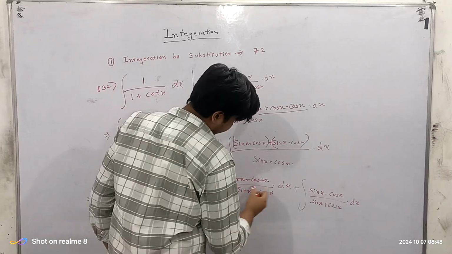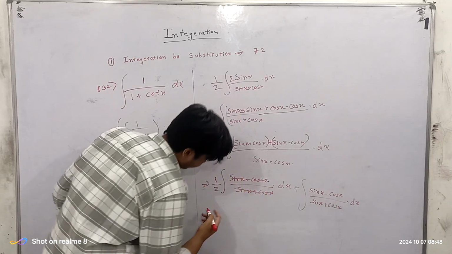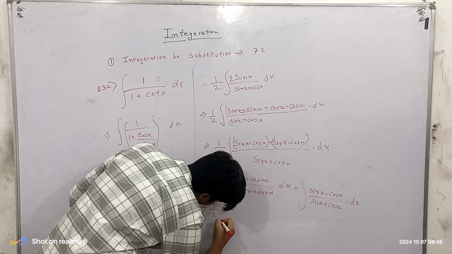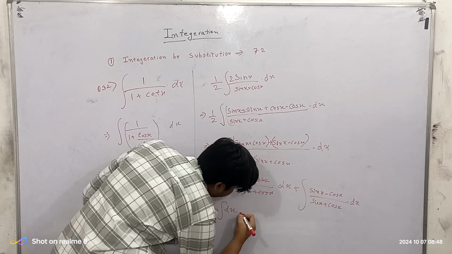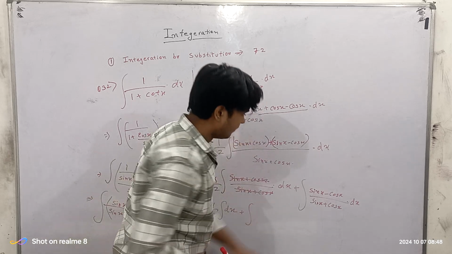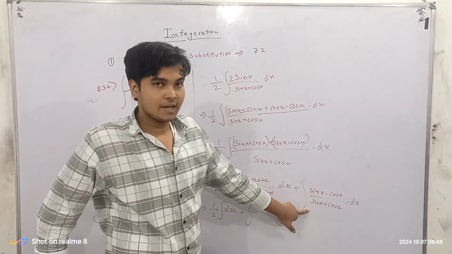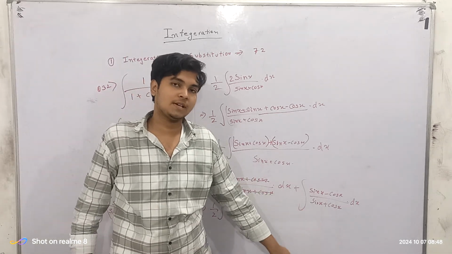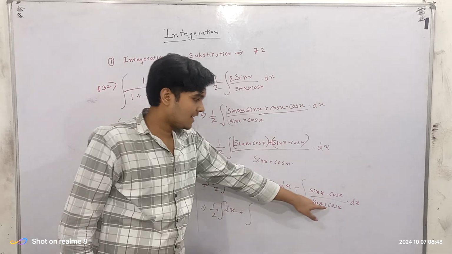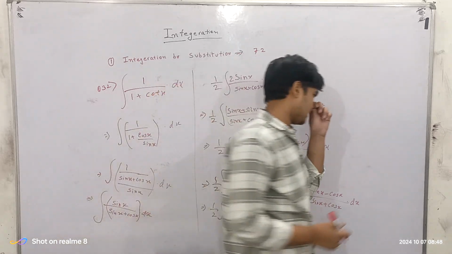Easily you can see this will get cancelled. So we write this question as 1 by 2 into dx plus integration. We have discussed one question like this. You remember e power x plus e power minus x. So here sin x plus cos x. What is the derivative of sin x plus cos x?